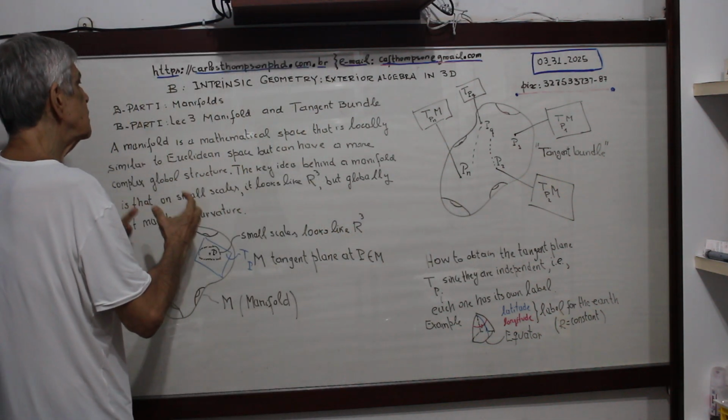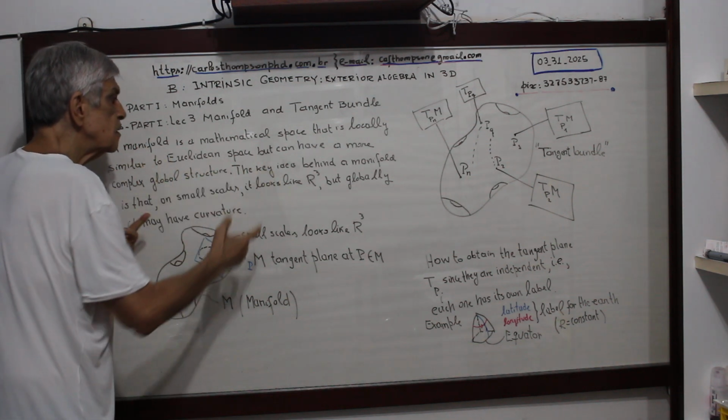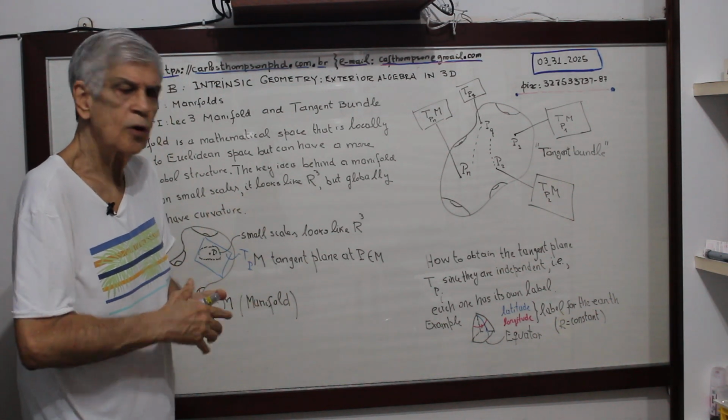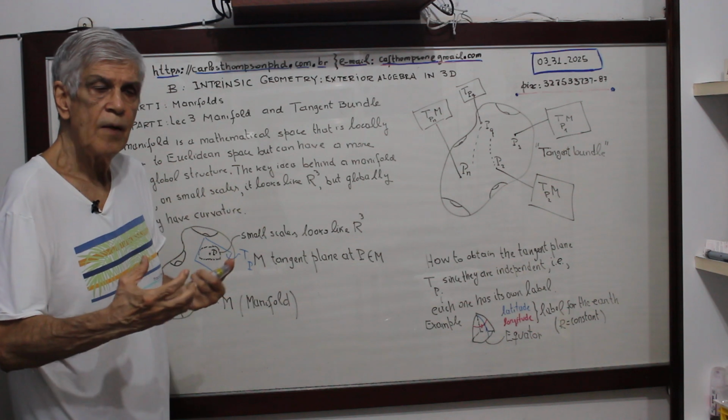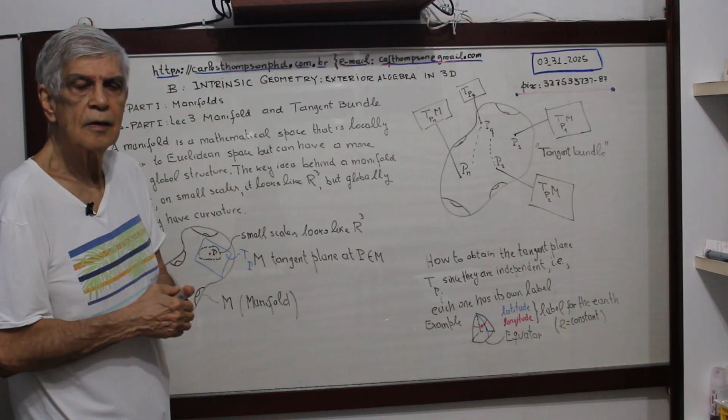because locally it is similar to Euclidean space. There you can add, take dot product, cross product, because in the Euclidean space there is a vector over there.